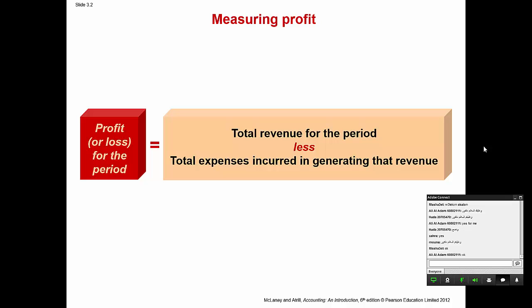That means this is 1 year. We call it the fiscal year, or the financial year.